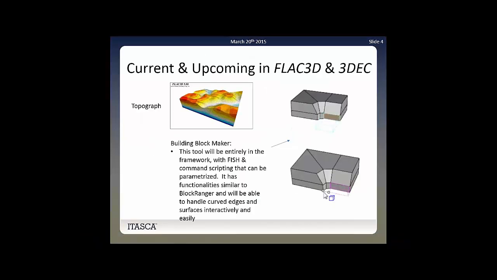Some of the current and upcoming FLAC3D and 3DEC model building capabilities are also shown here. The topograph, as I mentioned earlier, but also the building block maker, which will allow you to do essentially the equivalent of the 2D extruder.